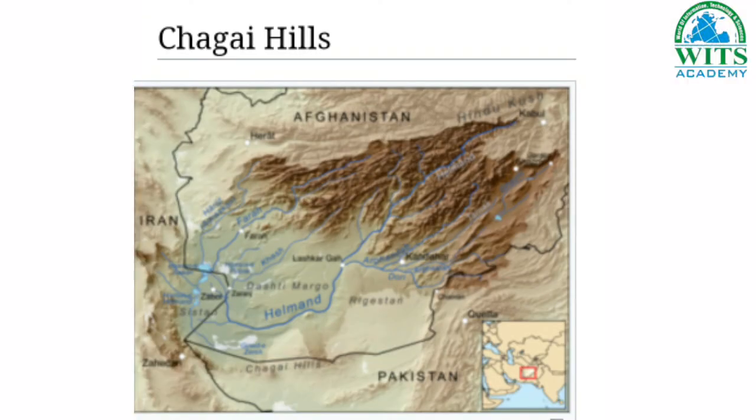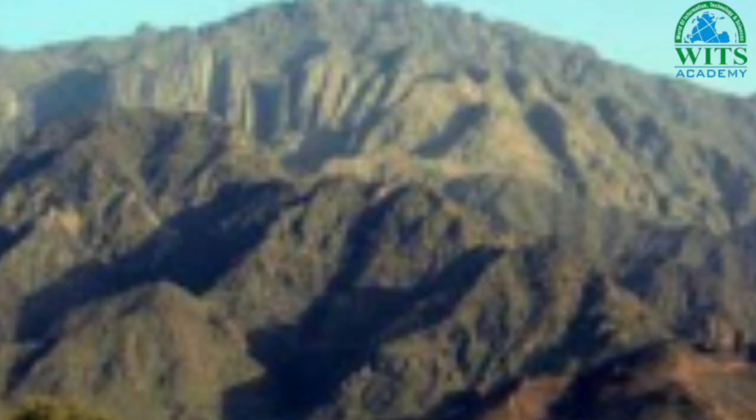Friends, the Chagai Hills are a range of granite hills in Chagai district in the Balochistan province. Chagai is the largest district of Pakistan. The Chagai Hills lie in a desert in the northernmost part of Chagai district.